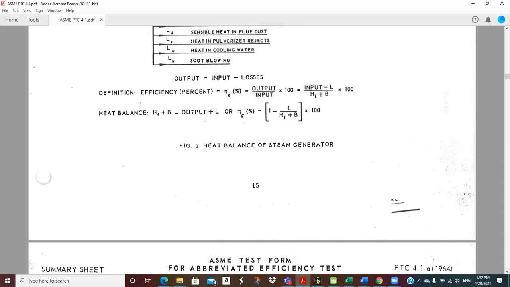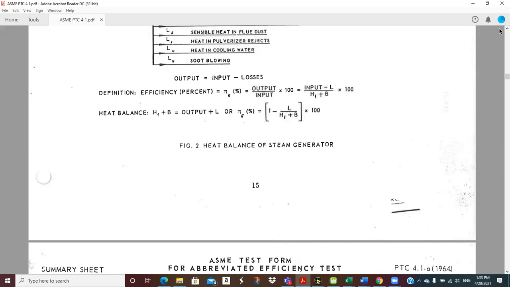And the output would be the input to the boiler minus losses. And then the input is defined as the energy in the fuel, coal or natural gas, plus any credits, and we'll see how those are calculated. And then he notices on the heat balance, the chemical energy, say in the coal or the natural gas, plus the credits, is equal to the output plus the losses. Or you can do some algebra and show all of this.